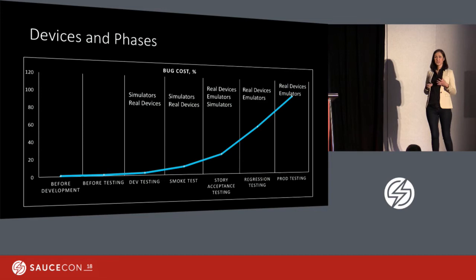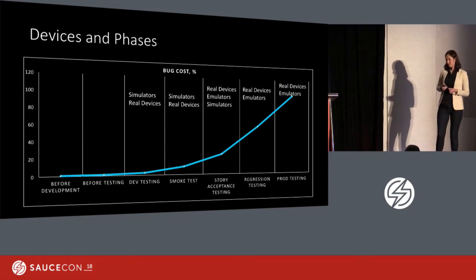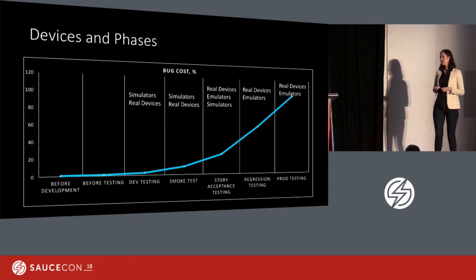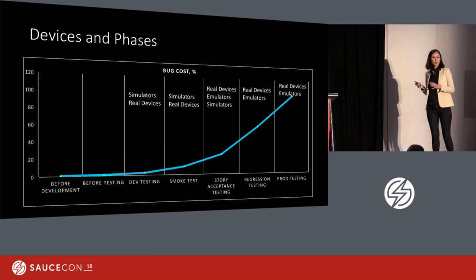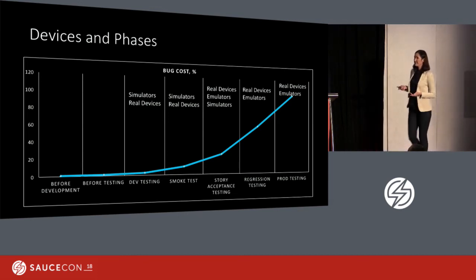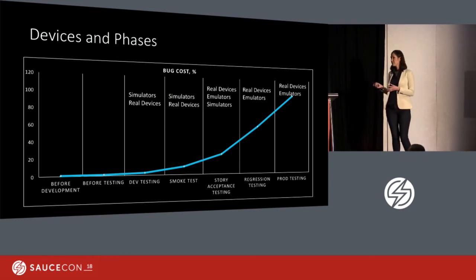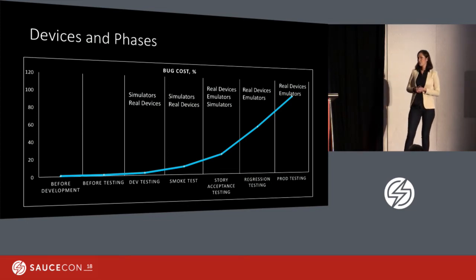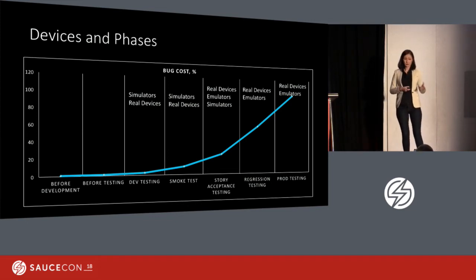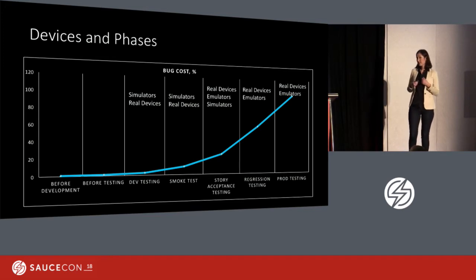I myself would suggest you to base your decisions on the known bug cost graph diagram. As you know, the further in your development life cycle you find the problem, the worse, because it's more expensive to fix. So it's important to find bugs early, and this is why I suggest the following.